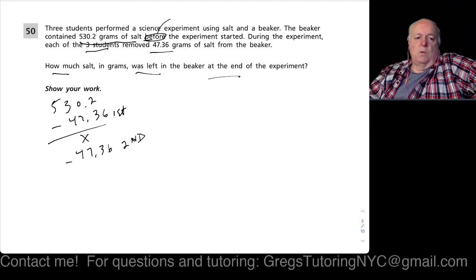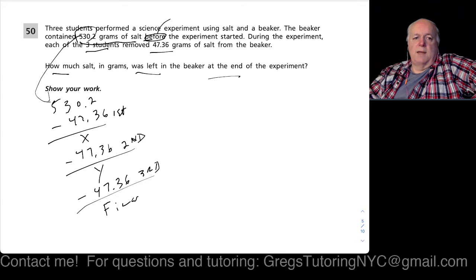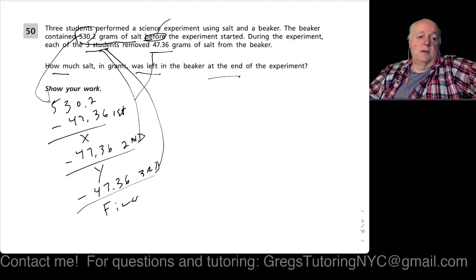Get some value y there, and then subtract 47.36 for the third student. And the final answer, we call that F, or just write final. We started out with that number there, right? And we took it off 1 time, 2 times, 3 times, right? So that should be what's left at the end of it, okay?